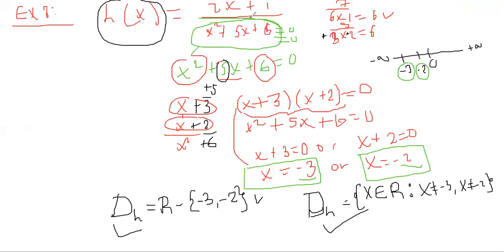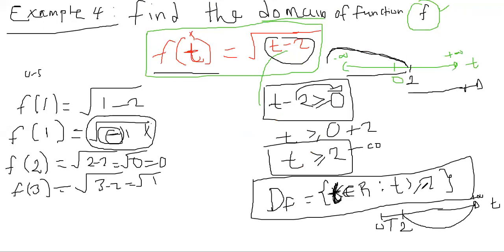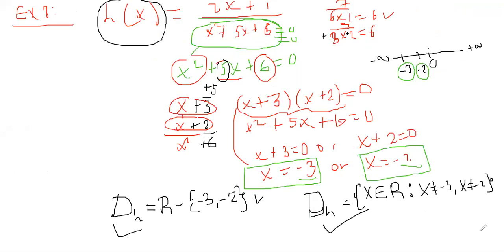If it's a fraction, there must be a number that you must exclude from the domain. If it is a square root, then there must be some restriction. So the restriction is this, that t, that is the independent variable, should be greater than or equal to 2. So normally finding the domain of a function is complex when you have a fraction or when you have a square root.